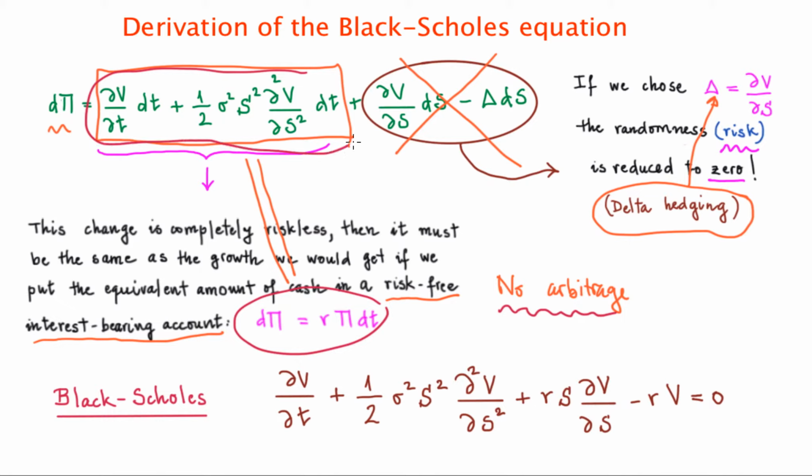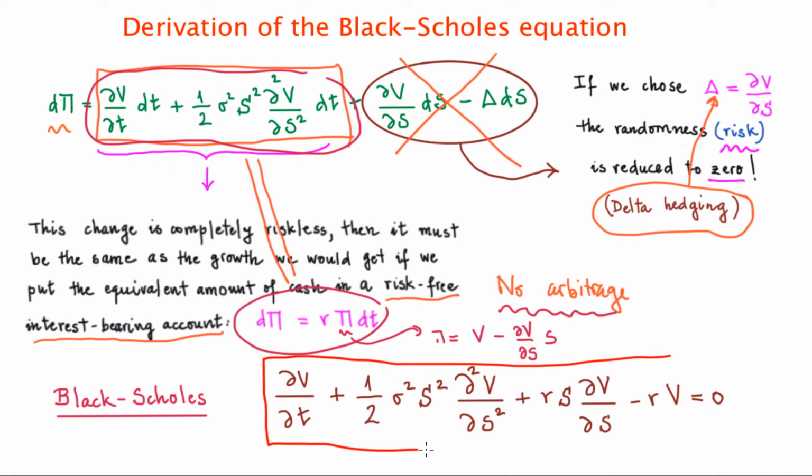And again, the portfolio can be written as the value of the option minus delta, but in this case delta is the partial derivative of V with respect to S, times S. So making that substitution and equating these, we reach this equation that we need to solve in order to calculate the value of the option.